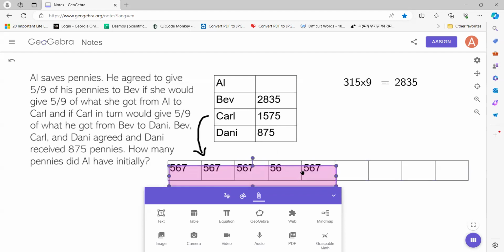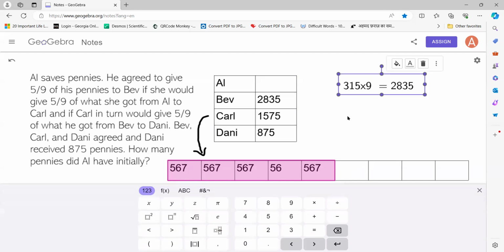Now, 2,835 is 5/9 of Al's pennies, or money in this case, really. So I'm going to use that to find the value of each cell. If each cell is worth 567, I need to find the value of the whole strip, which is made of 9 cells.